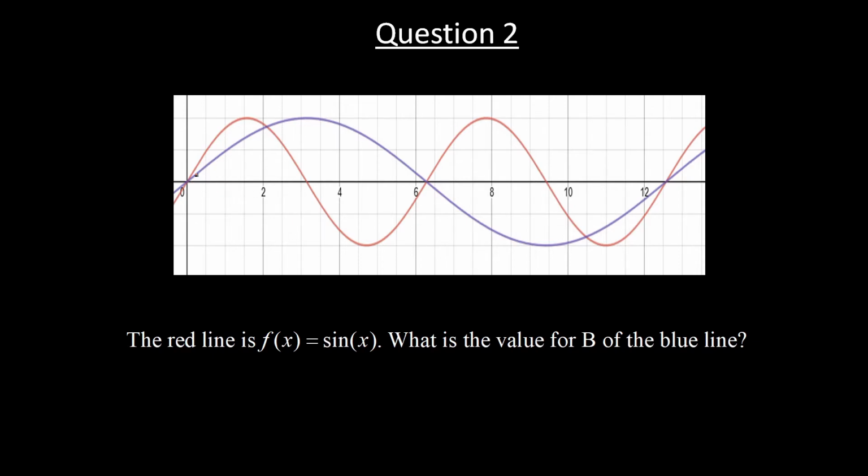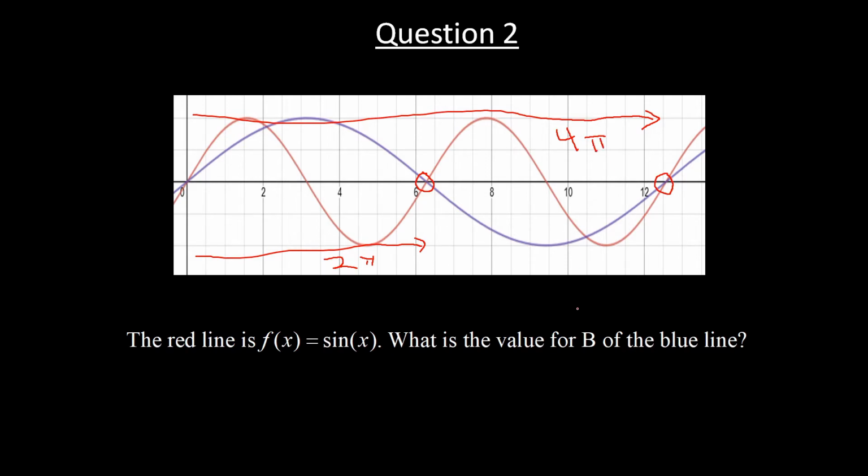So the red line, here is the period for the red line. That's the regular old sine function, and that's 2 pi. Now notice for the blue line, the period ends way over here. The period of the blue line is twice that of the red line, which means it's 4 pi.